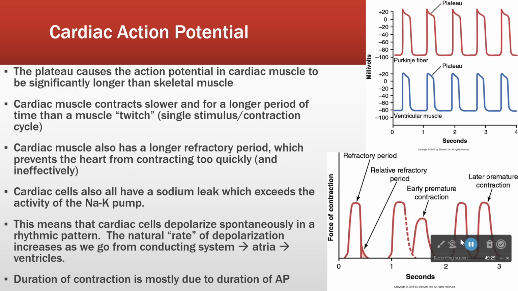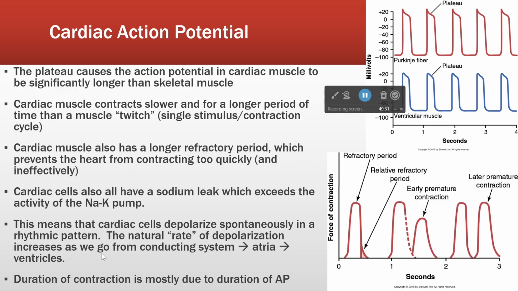Now the rate of depolarization differs, and we're going to talk about this as the train analogy later on. But cells from the SA node, the SA node is the control center of the heart, right? It's what triggers normal contraction. The SA node beats fastest, right? The atrial cells beat next fastest.